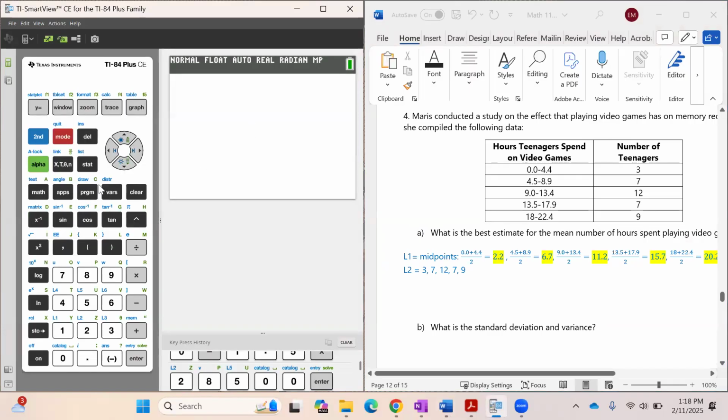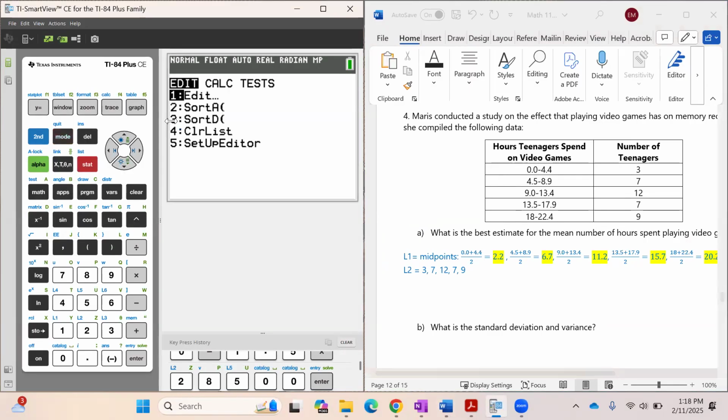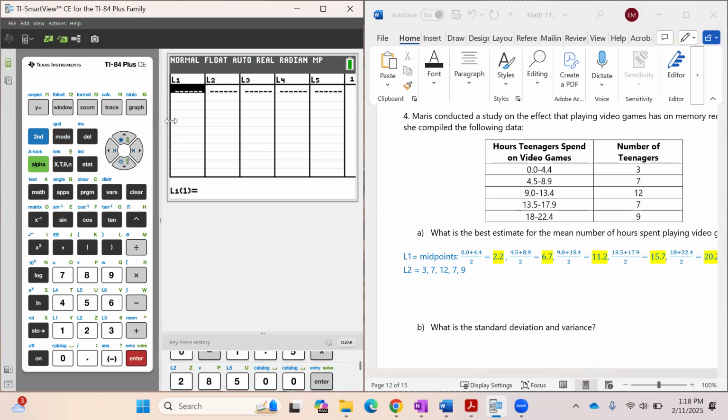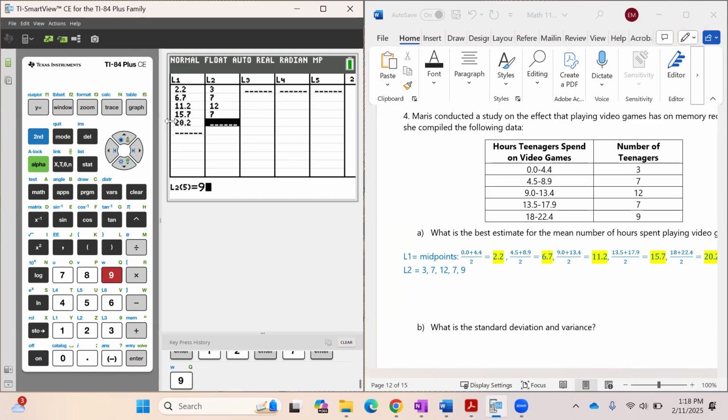All right, so you just go to stat, edit, and let's put 2.2, 6.7, 11.2, 15.7, and 20.2. And we need to put in our list two as well. So 3, 7, 12, 7, and 9.